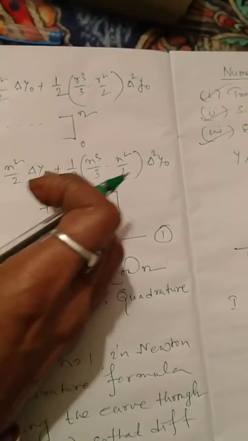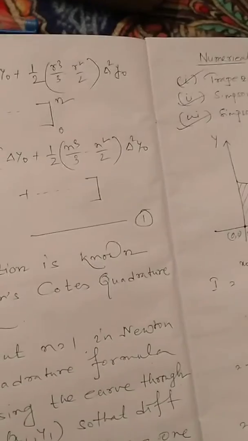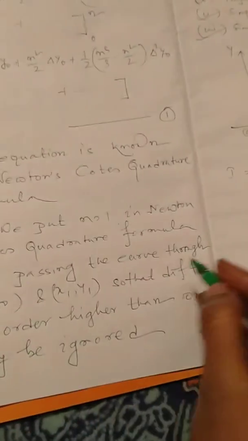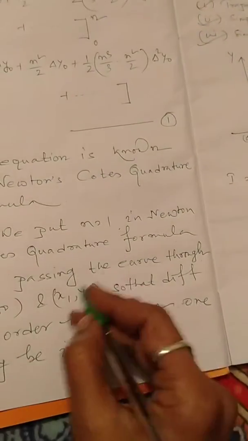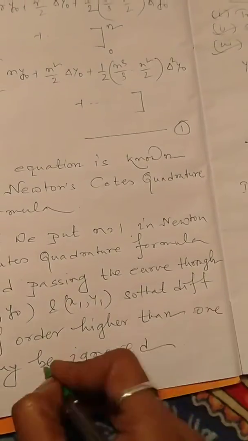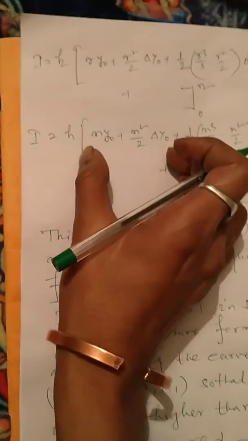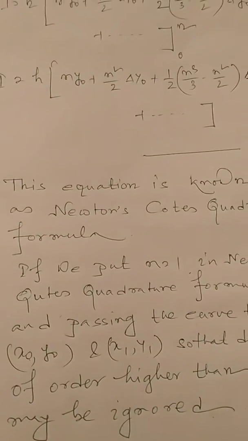So we are taking only the difference of order 1. Okay, are you getting? We are considering only differences of order up to 1. So here we are passing the curve through x0 y0 and x1 y1, so that differences of order higher than 1 may be ignored. We are taking only differences up to this. Okay, next we will proceed.